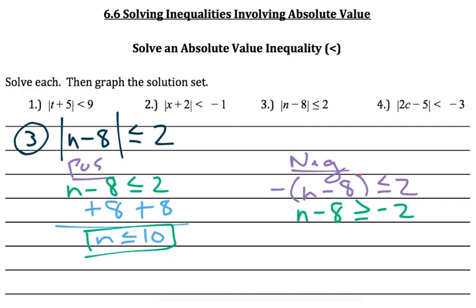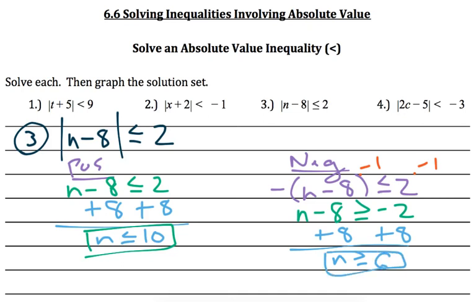If you don't think you'll remember that, show a times -1 and a times -1. Divided by -1 also works, but that's a little bit more paper that gets used up. Adding 8 to both sides gives us n is greater than or equal to positive 6.